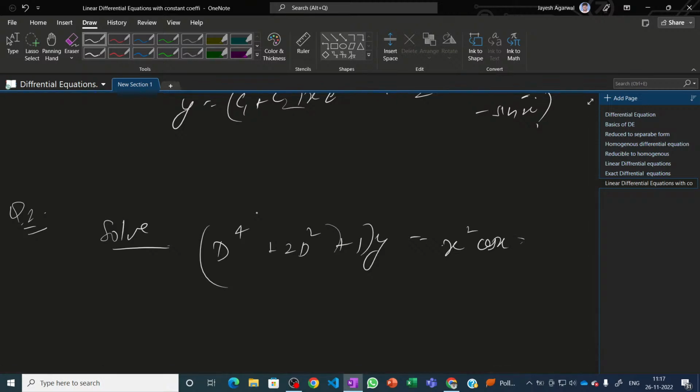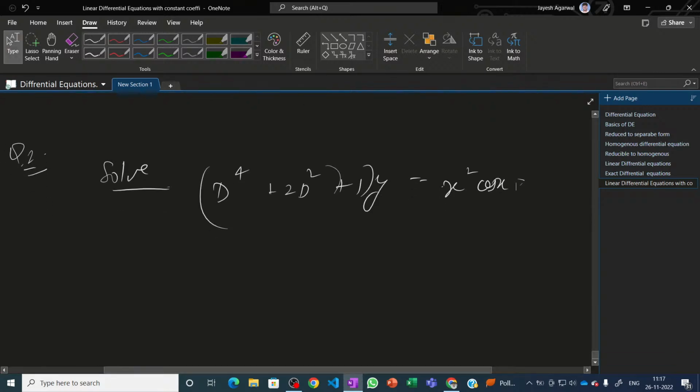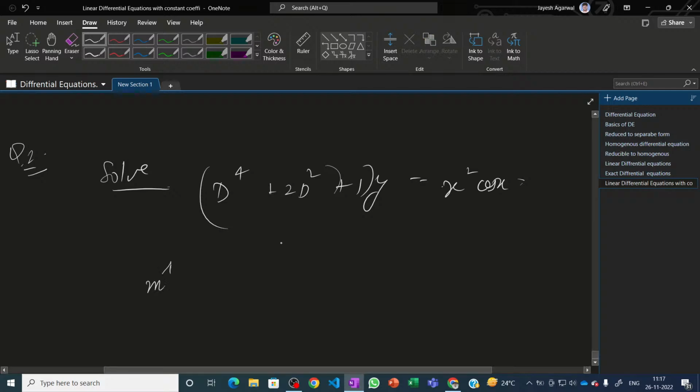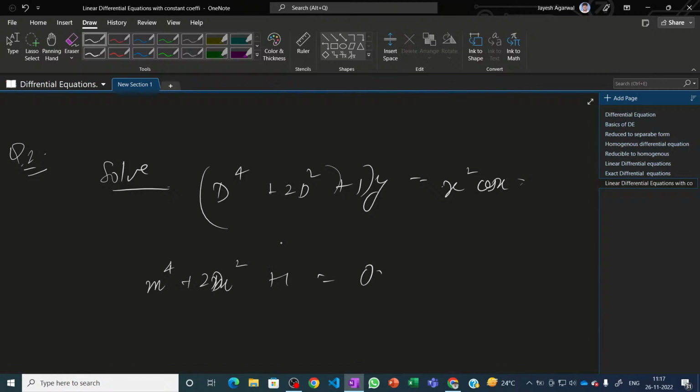So again there are many important questions here because it comes under Ajmer B.Sc and Udaipur B.Sc also. So first of all we will try to solve the auxiliary equation m power 4 plus 2m square plus 1 equals 0.